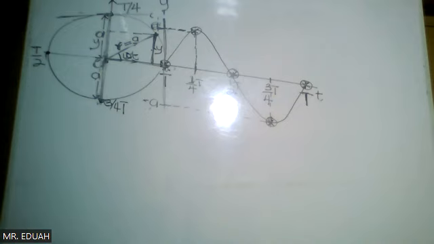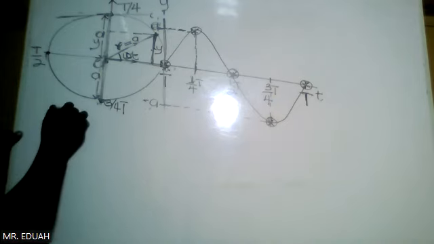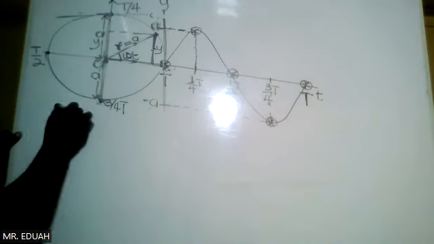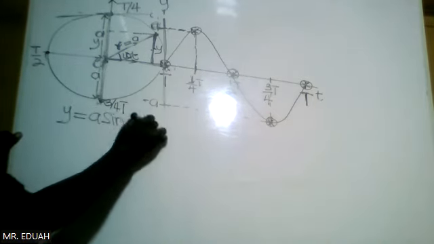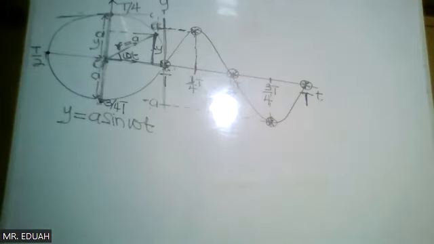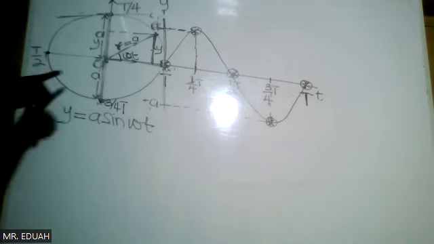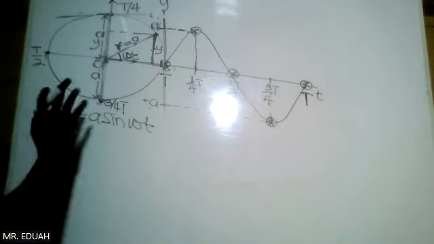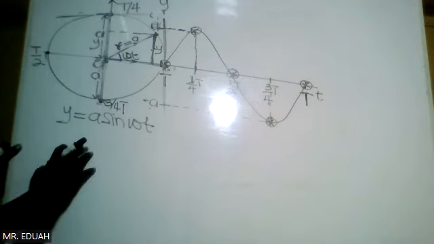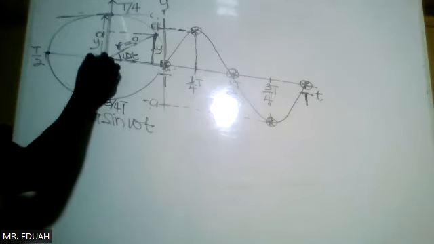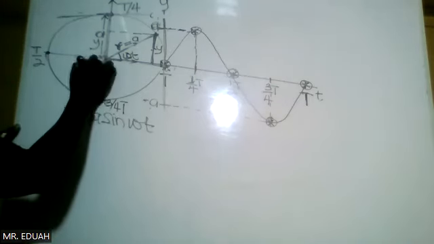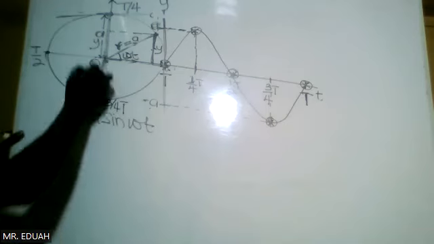So last time we derived the displacement equation of a body doing simple harmonic motion as this. What this simply means is that this is the equation that shows how the body is displaced from the equilibrium position, the origin, at any time t.